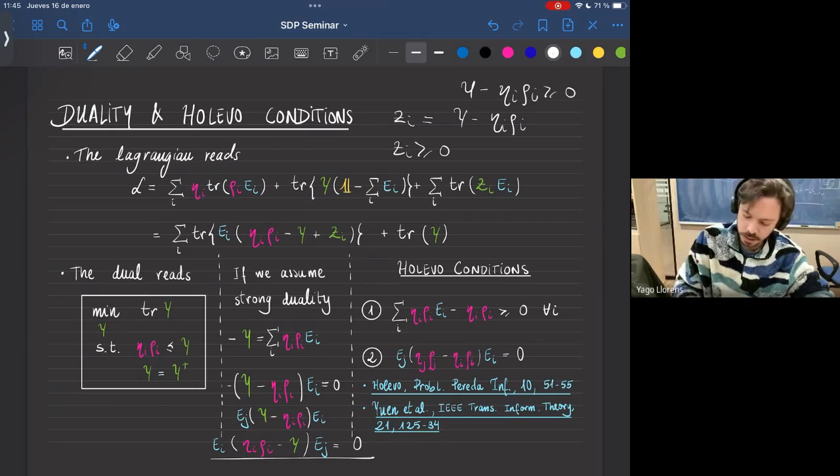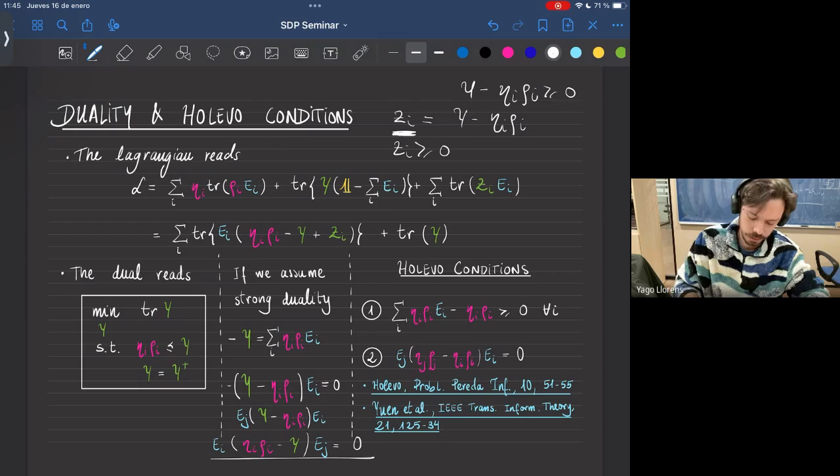So this Z is called a slack variable, and a lot of times you can just erase it. Not always, but in most of the simpler cases, and in quantum state discrimination it happens a lot, you can just assume that it's positive and use it for the other conditions, for the other variables to fulfill this positiveness. But you can forget about this one.